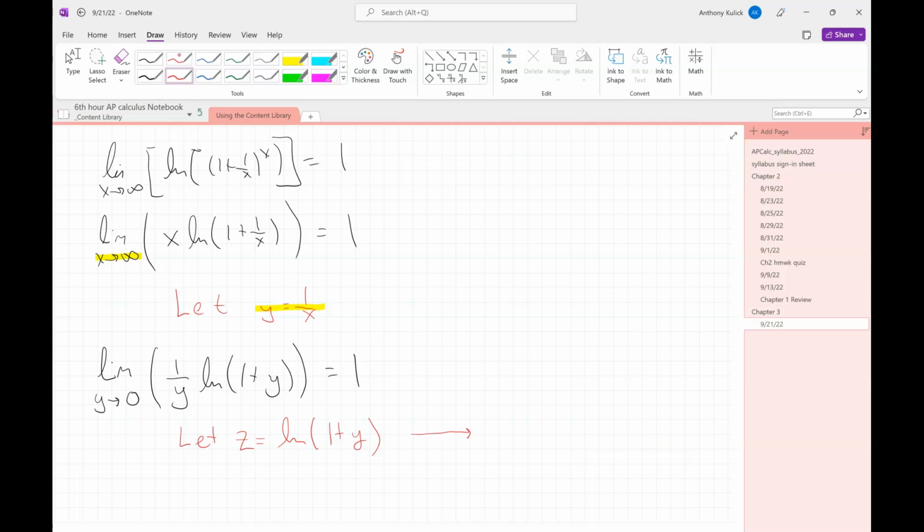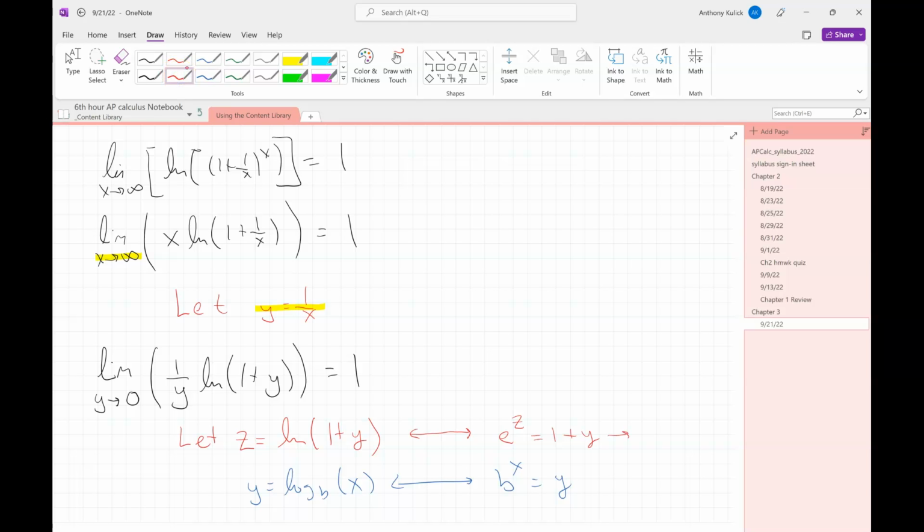And that's equivalent, using our definition of a logarithm, to e to the z equals 1 plus y, right? That's our definition for a logarithm.